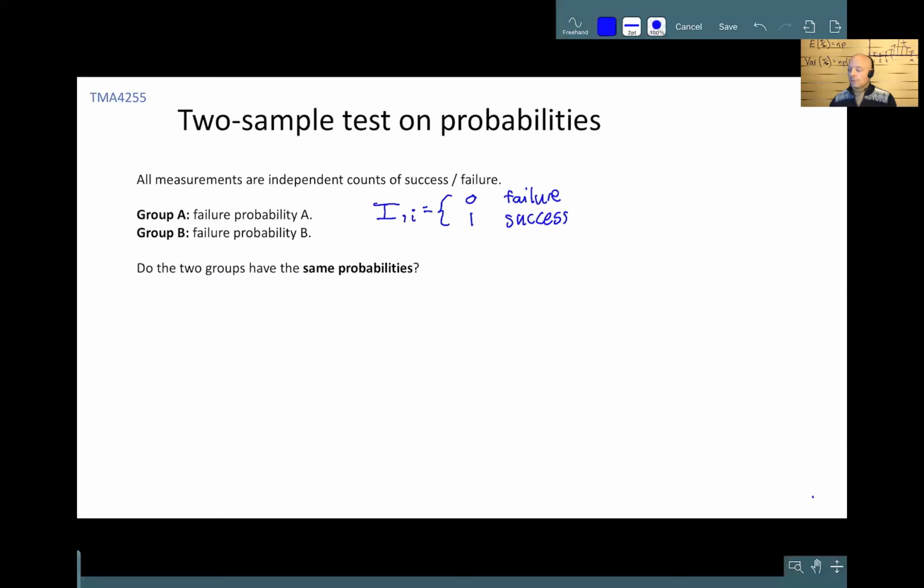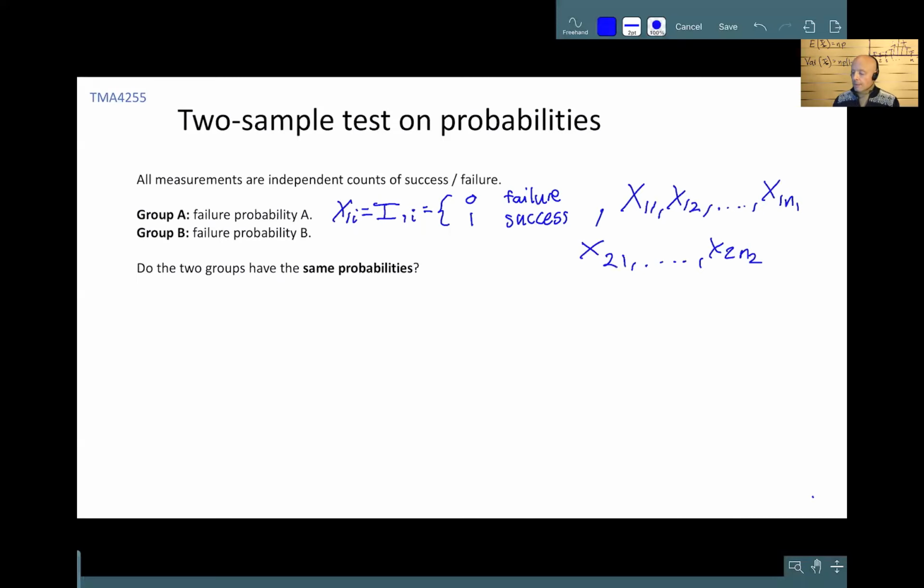And to avoid confusion, let's not call this I an indicator, let's call it X1I. So this is what we have, but it's no longer Gaussian, this X, it's 0 or 1. And in our sample, we then have X1,1, X1,2, all the way up to X1,N1, just like before. It's a sample from group A, and it's similarly a sample from group 2 of N2 samples.